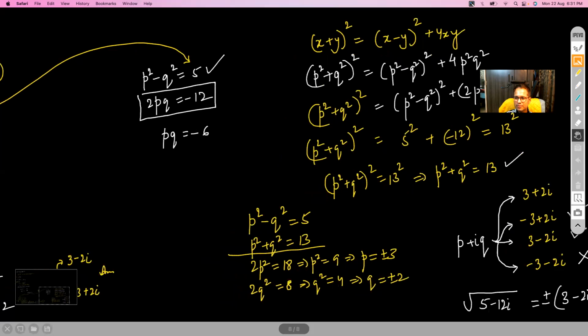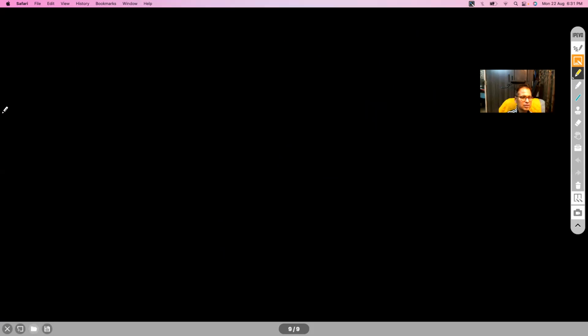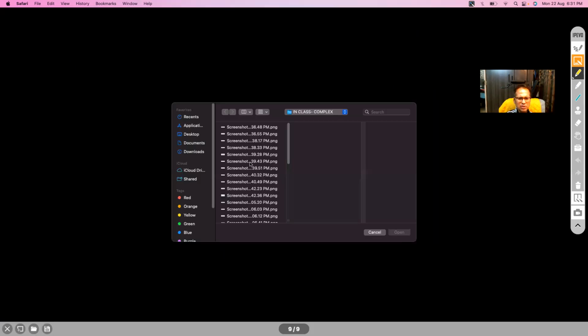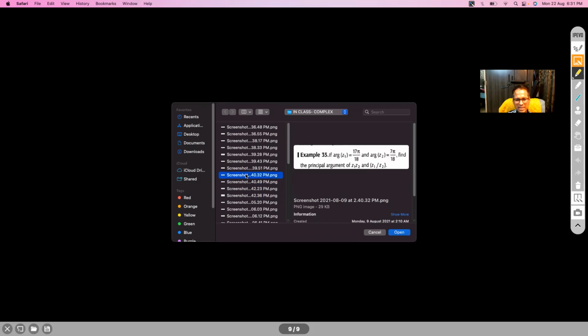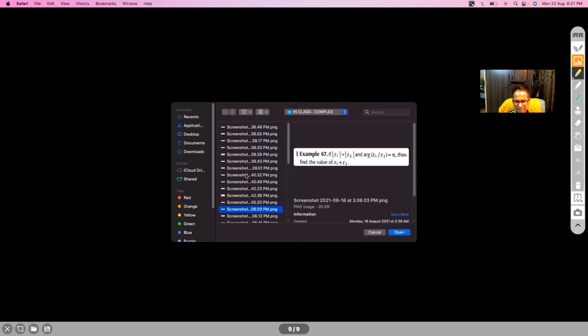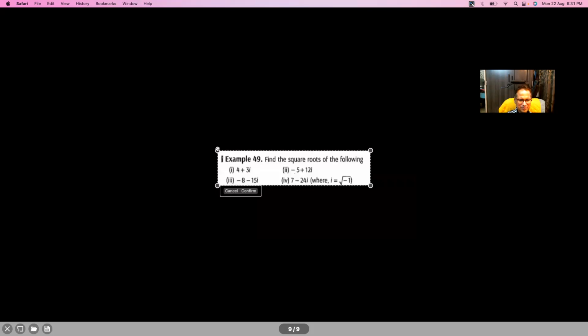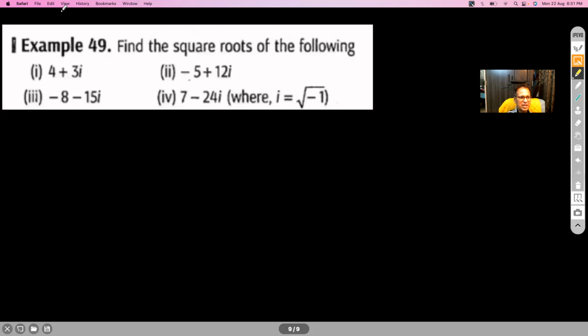Copied, everyone? Okay, so let's take a question. You can use any of the two approaches. It's not binding that you have to use the second approach or the first approach. Any approach you feel like, you can take that up. Okay, let's take this. I would like you to solve the third one here. Just the third one. There are 4 questions here. Just solve the third one. That's more than enough.